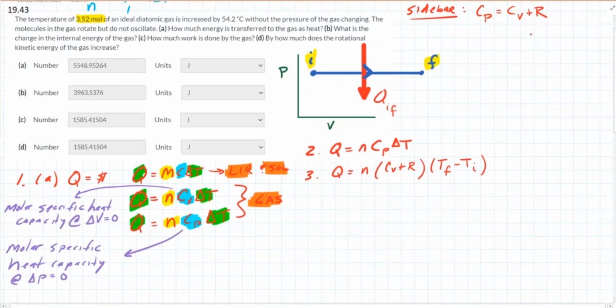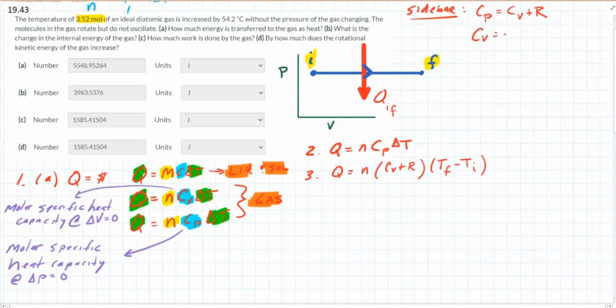The chapter 19 green sheets and the associated chapter 19 lecture video really do step this out in great detail to derive this expression. You need to understand that derivation. It makes you a better problem solver. If you understand the derivations, you're going to see the bigger picture at a deeper level. All right. But wait, there's more. There's still some more sidebar here.